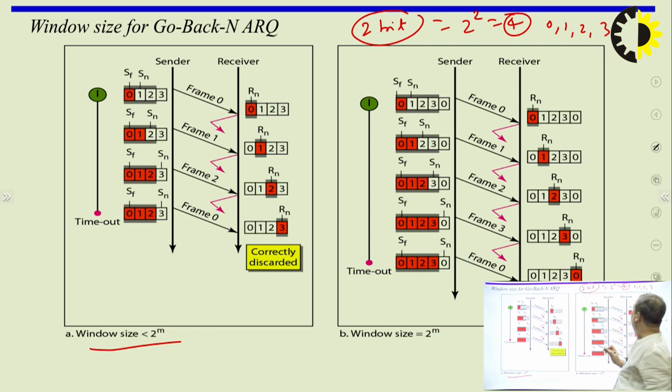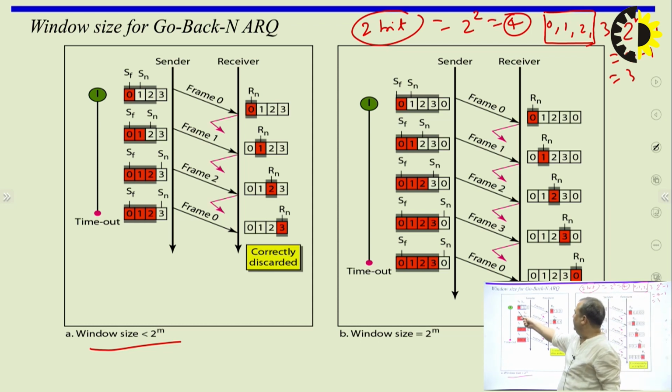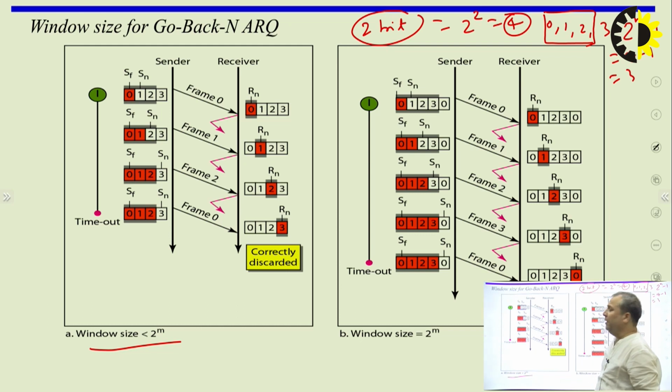Now if we are using the sliding window protocol as Go-Back-N ARQ, the window size will be 2^m minus 1. Here 2^m is 4, so 4 minus 1 is equal to 3. It could not be equal to 2^m. So here the window size will be 3.